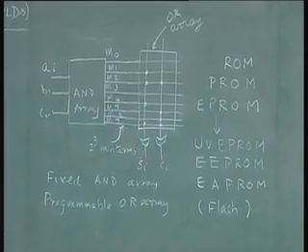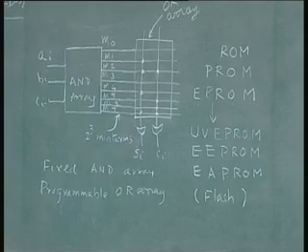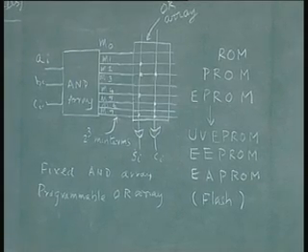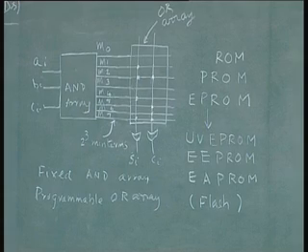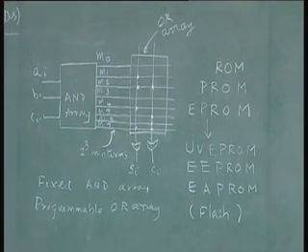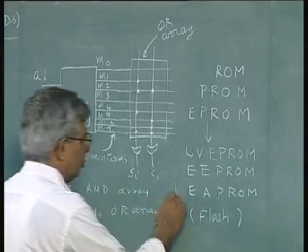So, these are electrically alterable programmable read-only memories or flash memories, wherein I can keep the device in the circuit and selectively alter the programming of the device. That is the most widely used device today.